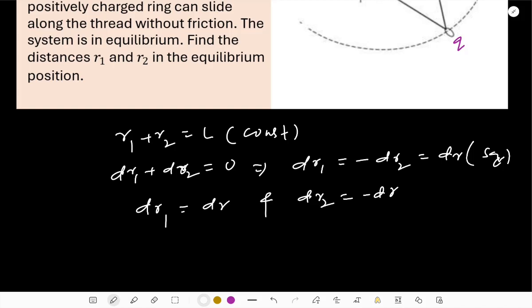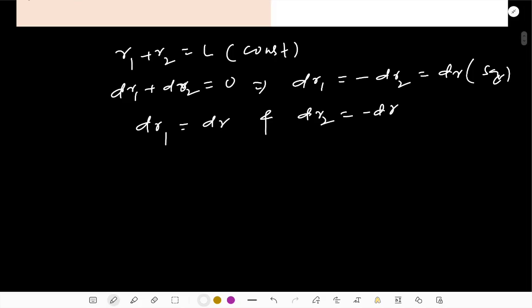And we know the forces acting between them, and for the small displacement I can use the relation between force and potential energy, that is F equals negative of the gradient of potential energy.